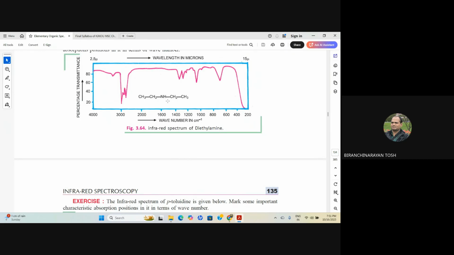Then what is the ratio of those protons? You have four of one type, six of another type, and one of the third type, from the integration, which we will discuss tomorrow. From the integration value, we find the number of protons. Then we can predict the structure.